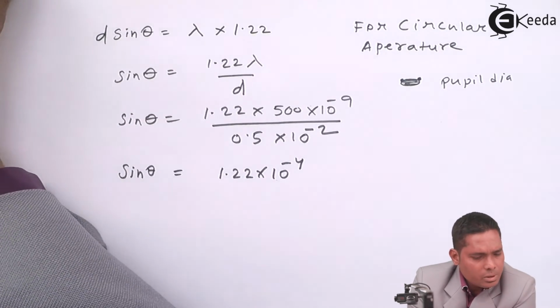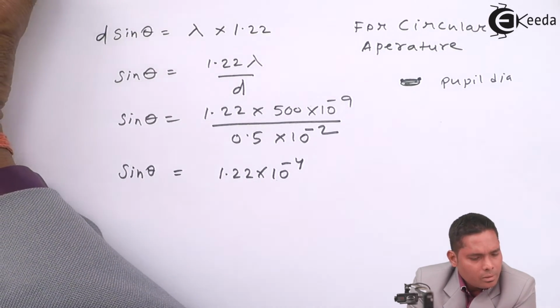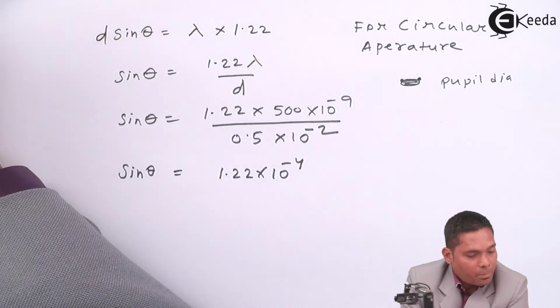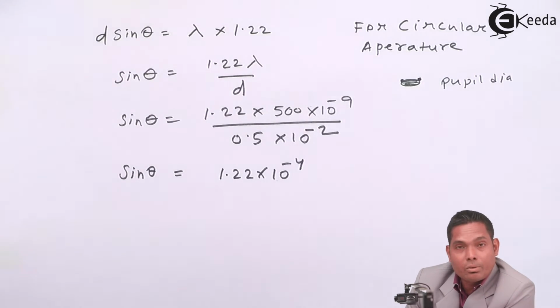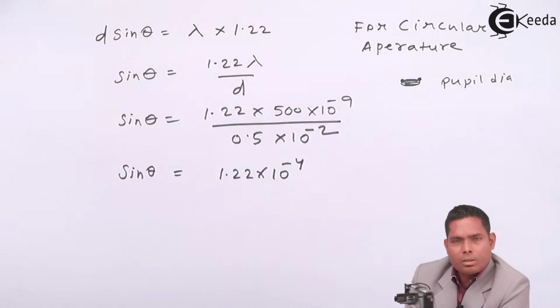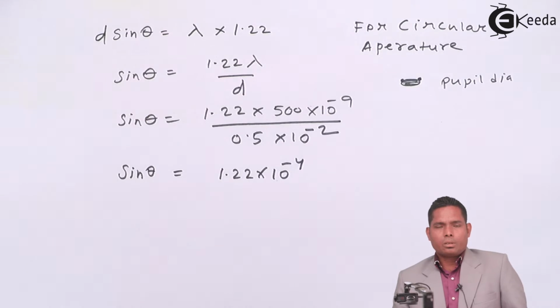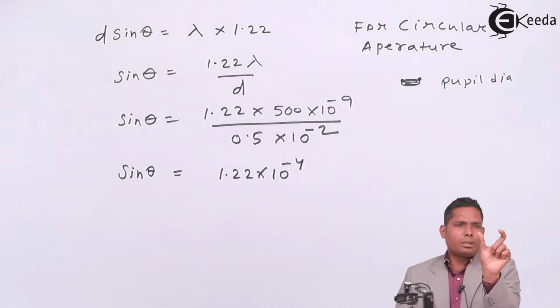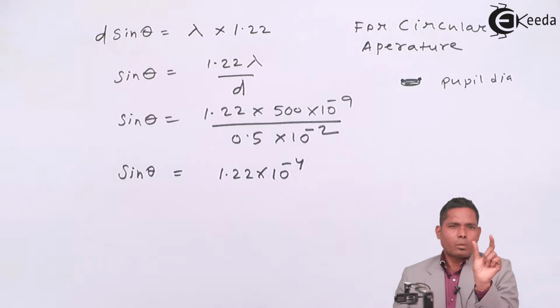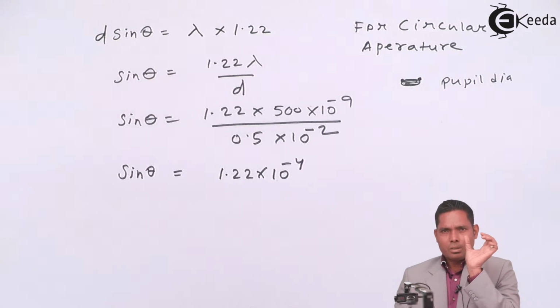Now the question is you have to find the minimum separation between two resolved objects. This is the minimum separation between the two objects that we can resolve at this wavelength. The wavelength that we are using is 500 nanometer. What minimum separation you can see using this wavelength depends on the nature of the wavelength used. If I use 500 nanometer, then a particular angular separation or linear separation can be seen.